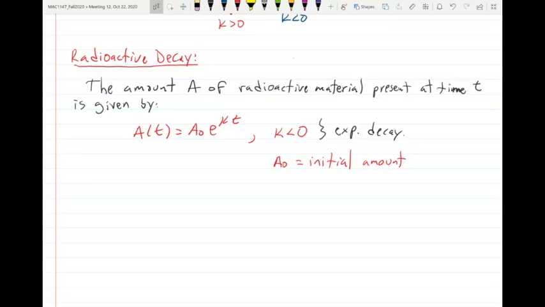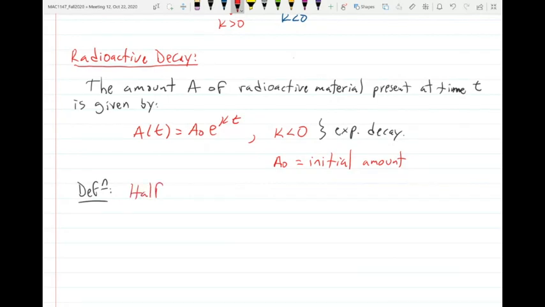The time it takes for half of the radioactive substance to decay and turn into something else. I don't want to say disappear, because as you know, things do not disappear; they just change into another state or another material. Anyways, let me write it down. So that's why I don't want to use the word disappear.